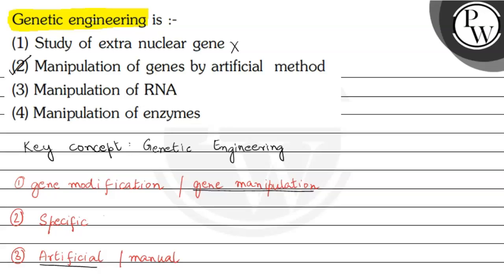The third option says manipulation of RNA. This won't be correct because RNA is not manipulated in genetic engineering. Also, the fourth option says manipulation of enzymes. Again, in genetic engineering, we do not manipulate enzymes, but we manipulate the gene of an organism.